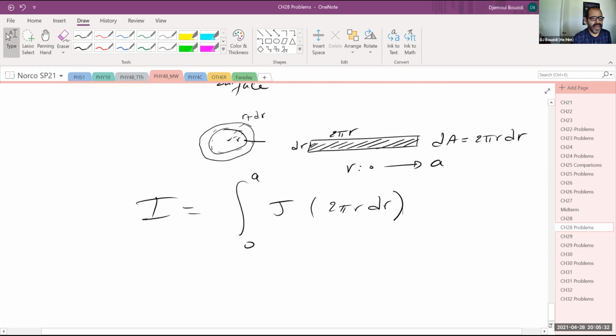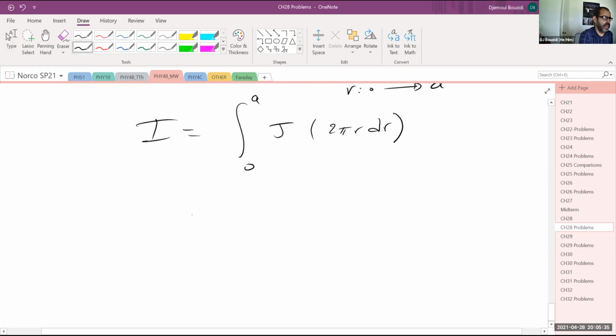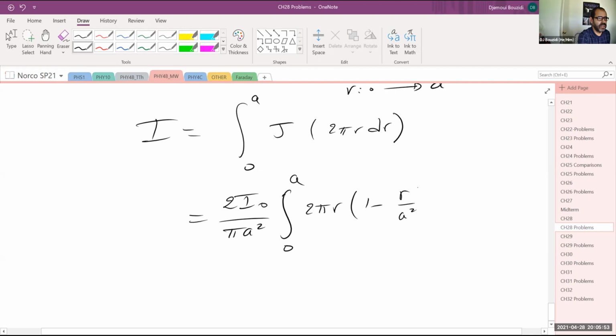So basically what we will have in the end is the following: 2I naught over pi a squared times the integral from 0 to a of 2 pi r times 1 minus r over a squared times dr.